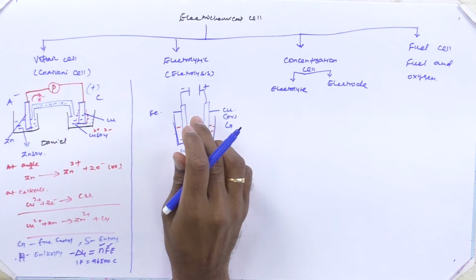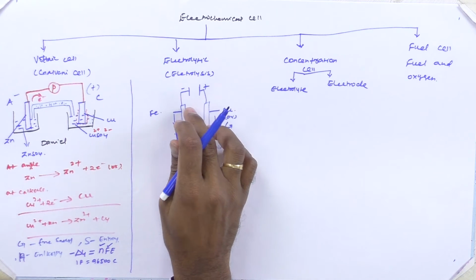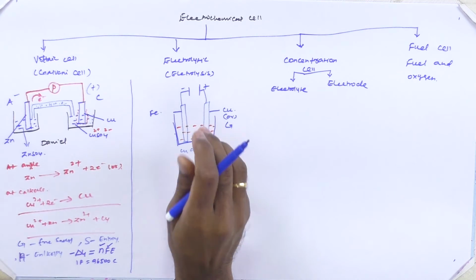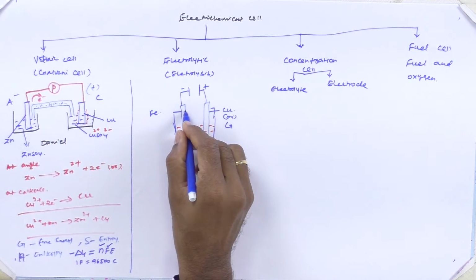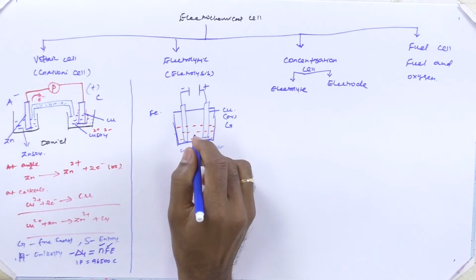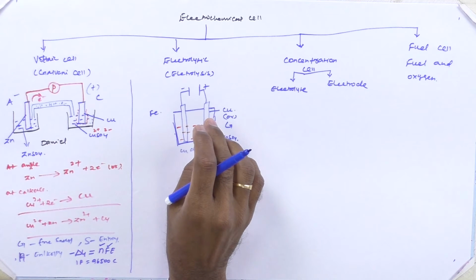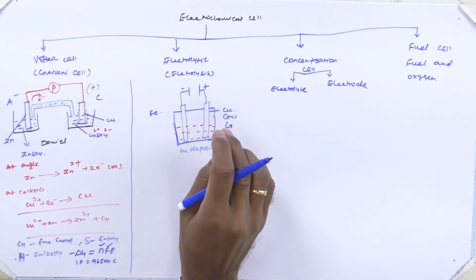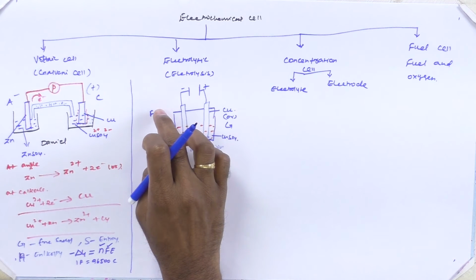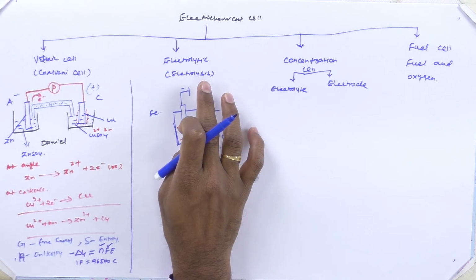The metal to be coated is kept as the cathode. Initially we took the electrolyte, copper sulfate, in a beaker, and inserted 2 metal rods, one iron and one copper. The iron rod is connected to the negative terminal of the battery, and the copper rod to the positive terminal.